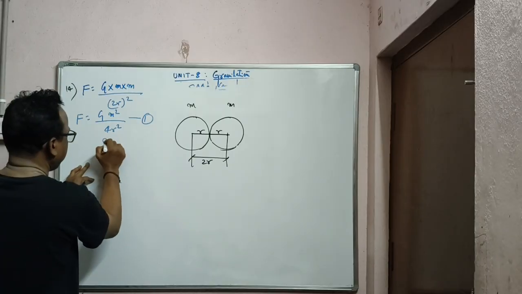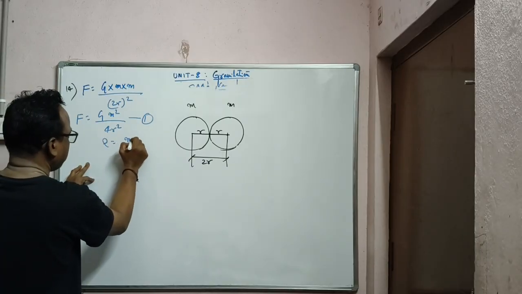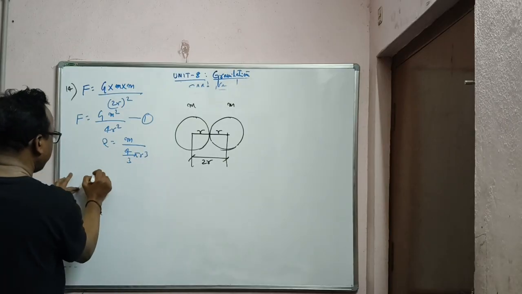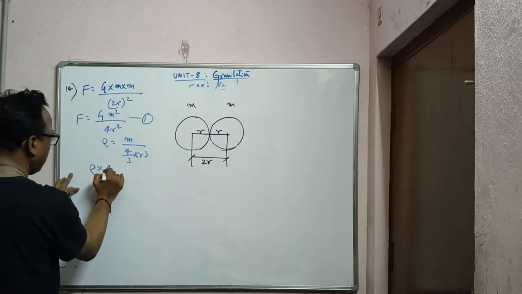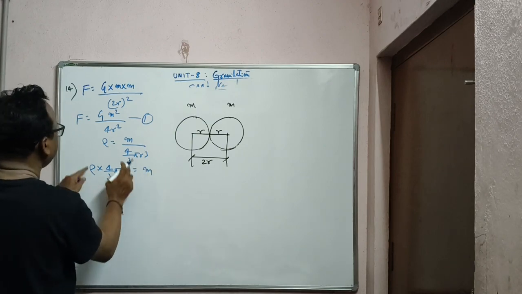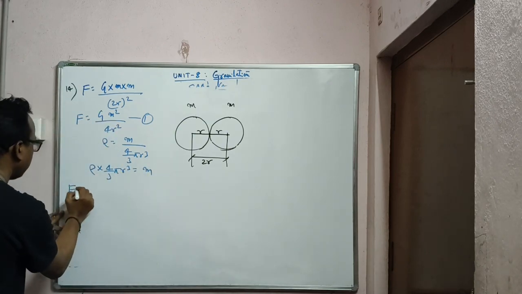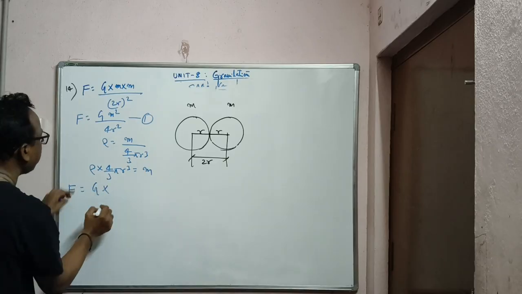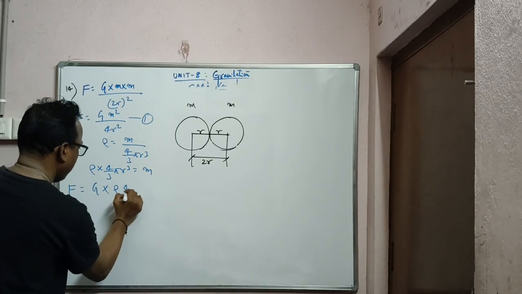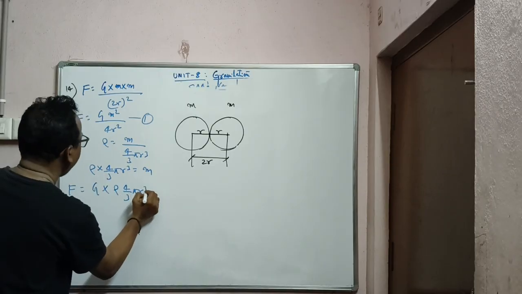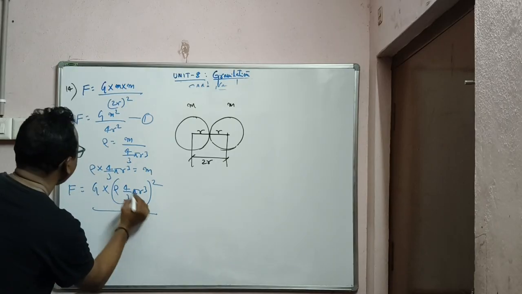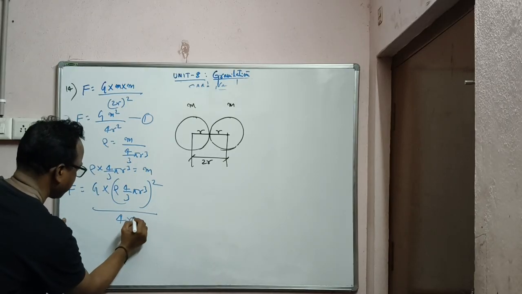Now what is the density? Rho, mass per volume. What is the volume? 4 by 3 pi r cube. Therefore rho into 4 by 3 pi r cube is equal to m. Put this value in this place. So F is equal to G into m, and the m value we put: rho 4 by 3 pi r cube, m square by 4 r square.